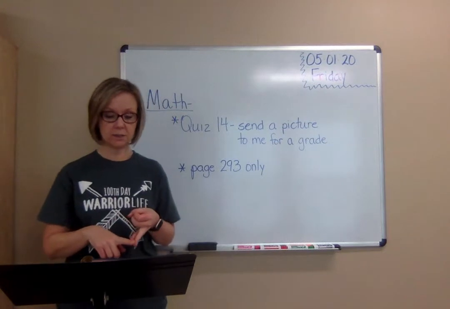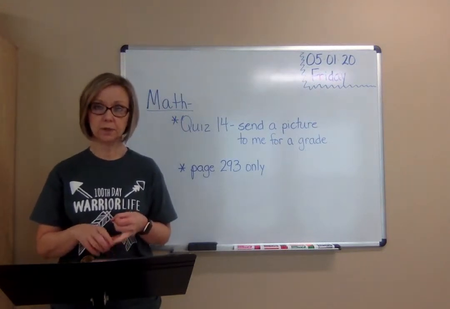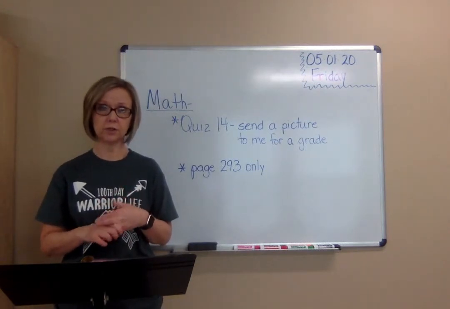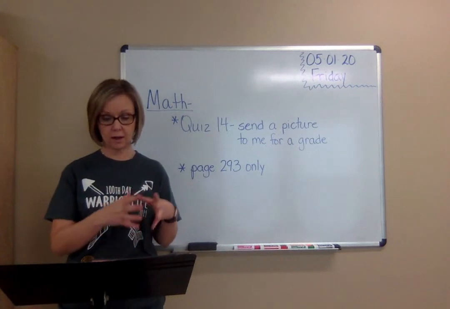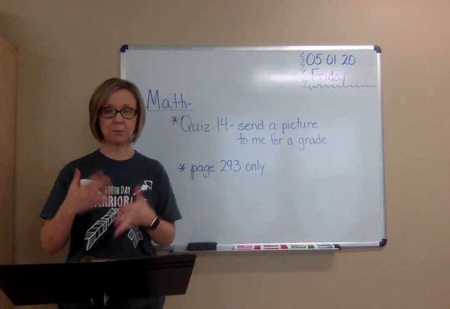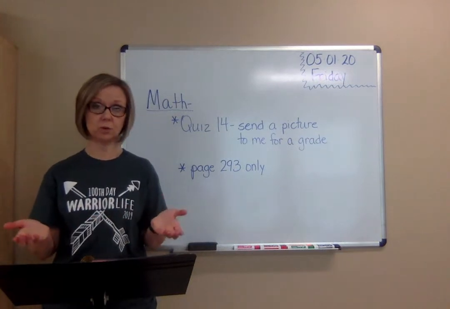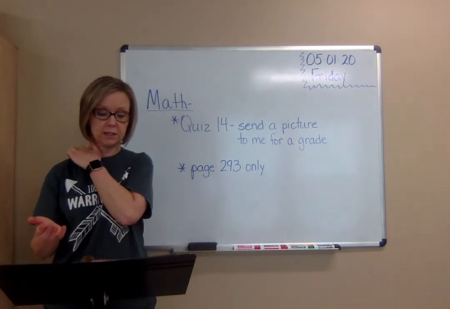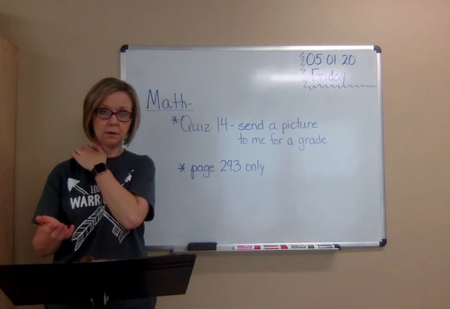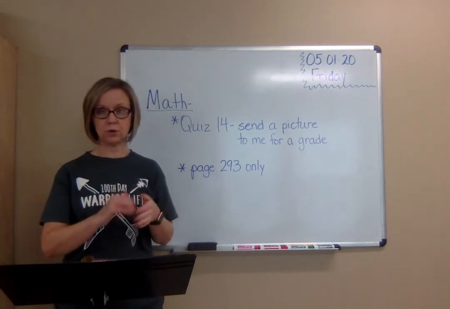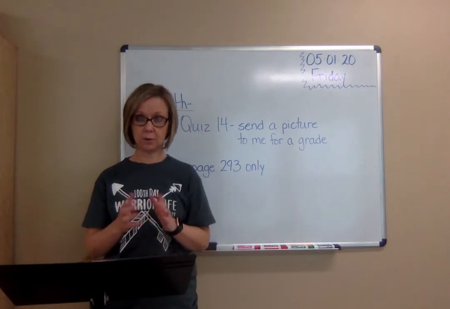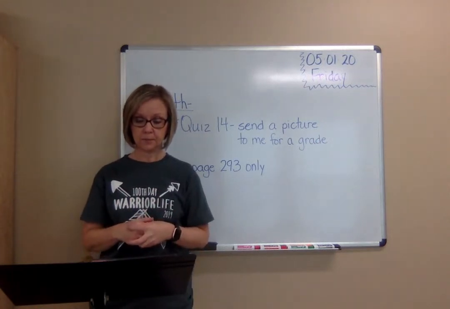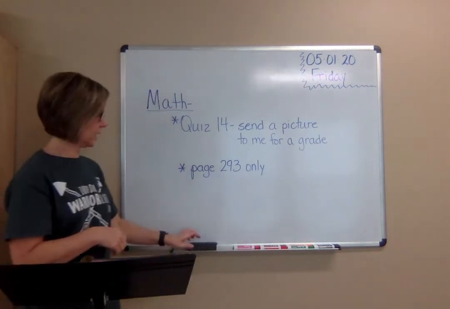The other item is $7.95. You're going to need to find out how much those are first together. Then once you get that amount, how much has he saved? He's only saved $12. So you'll need to take your sum and then subtract the $12, because you'll need to know how much more he needs. So that'll be subtracting.